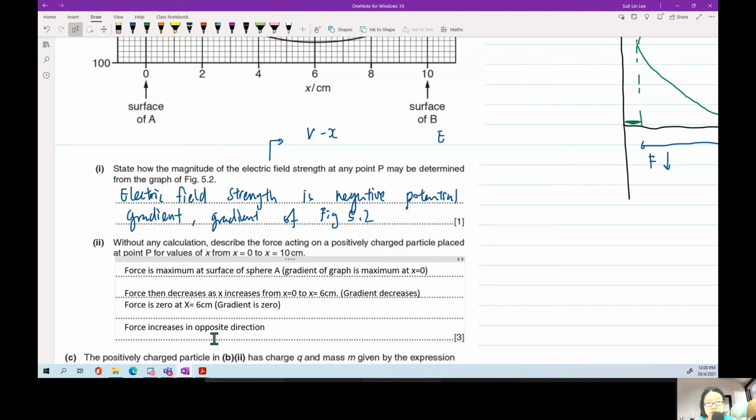So force increases in the opposite direction from 6 cm to x is 10 cm. It's because gradient increases but negative. But this is positive gradient, sorry. This gradient of the graph, all this is negative gradient.